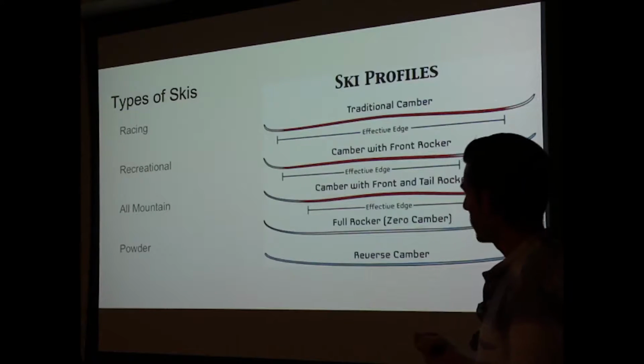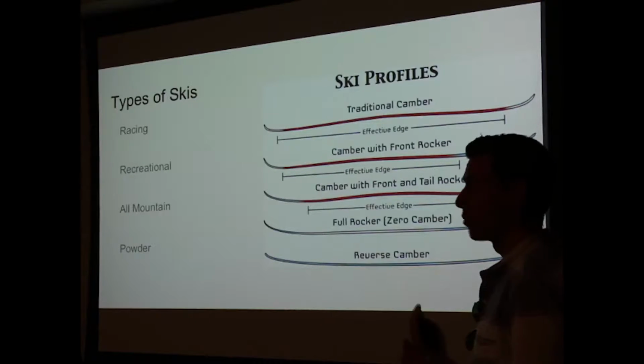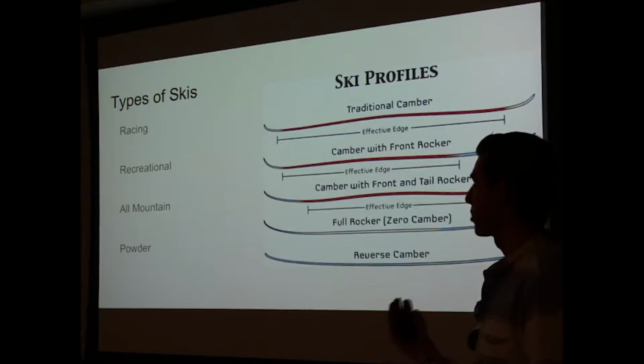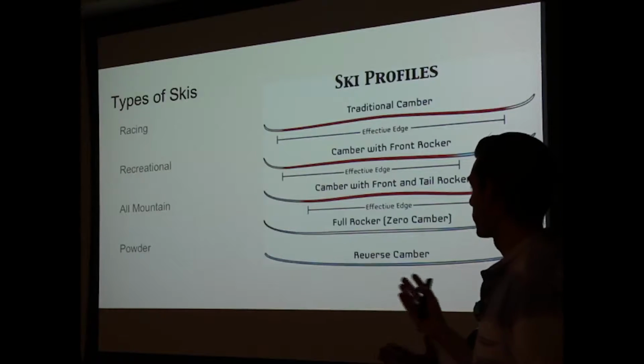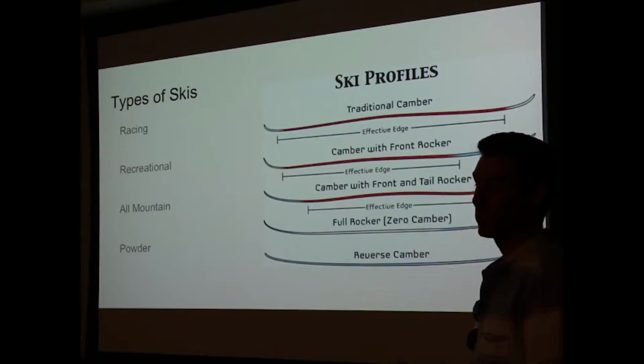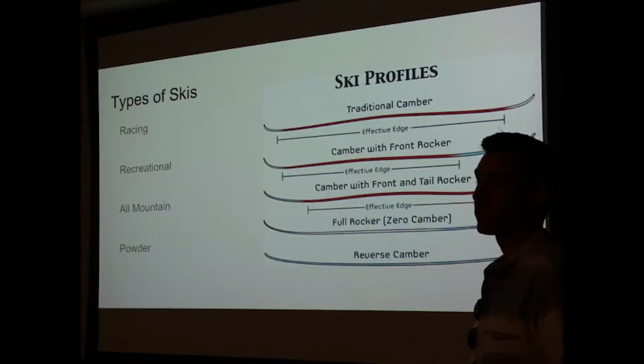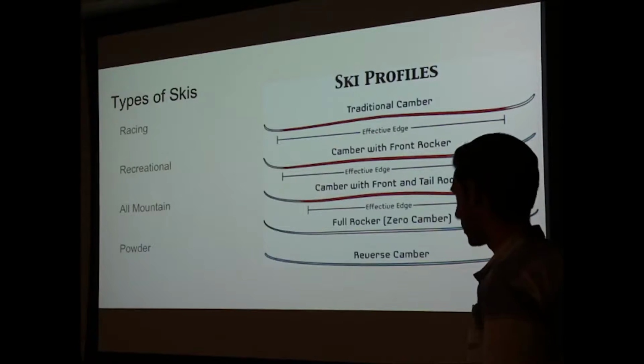And then we have all mountain skis, which are going to be in the 85 to 105 millimeter range underfoot. They're going to have more rocker in them because they're meant to be a more versatile ski to go all over the mountain. And then powder skis are going to have very little to no camber in them because tip control isn't very important. What's more important is being able to rise above the powder, and it gives it more of a surfing feel, which is the whole idea behind rocker.